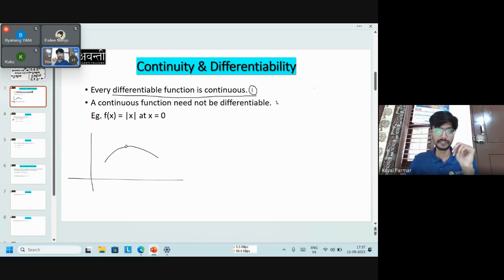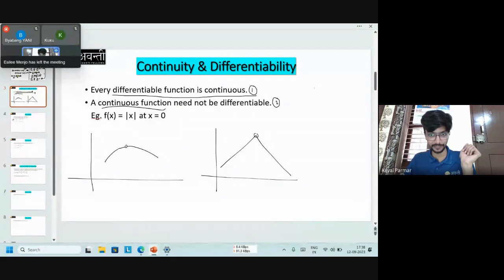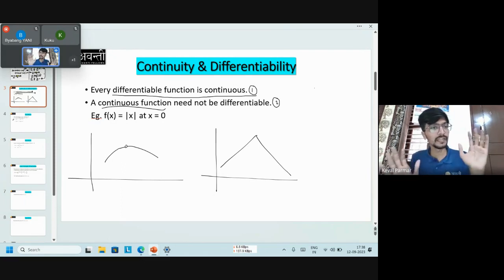The second one is this: a continuous function need not be differentiable. For example, this. This is a continuous function. There is no breakage at the point. But at this point, there is a sharp turn. And if there is a sharp turn, that means my function is not differentiable. So this function is continuous, but it is not differentiable.